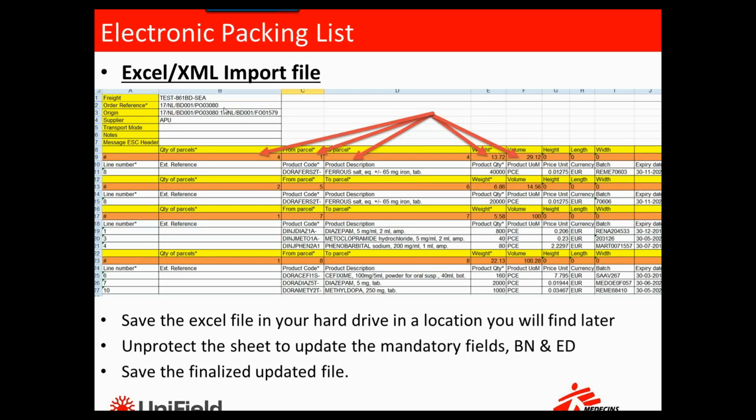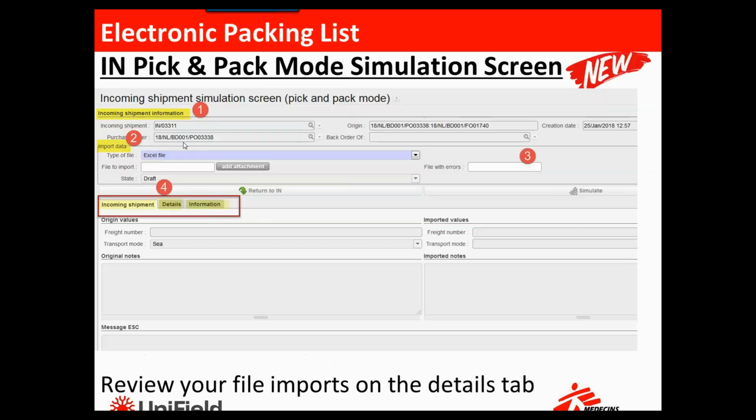And it will take, of course, the reference of the PO, the original FO it's linked to, which supplier we're talking about. If APU had a message they wanted to send to you, that message that they will put here is what will appear here in the ESC message area in Unifield. So it will appear on the ESC message area here.